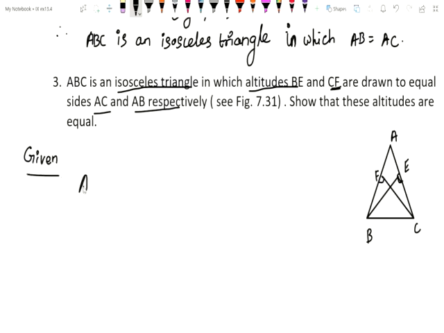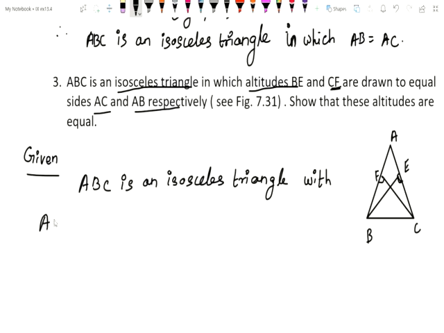ABC is an isosceles triangle with AB equal to AC.